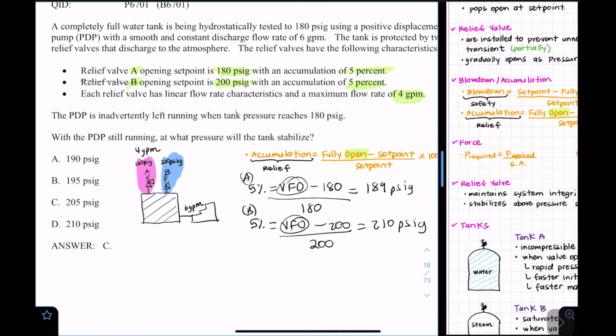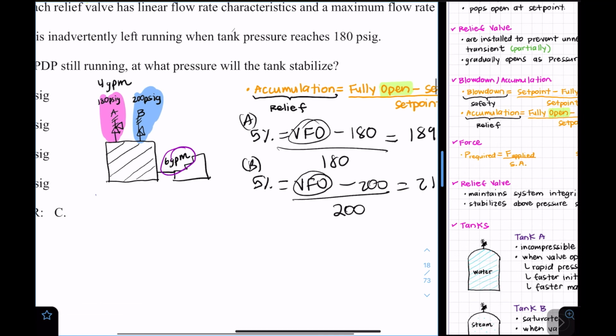But remember, we can only get out 6 GPM. So we know that the valve is gonna be fully open when we reach 189, which is lower than 200. So it hasn't reached the 200 yet, and this valve is gonna be fully open. So when we reach 189, we're gonna be getting out from valve A 4 GPM.